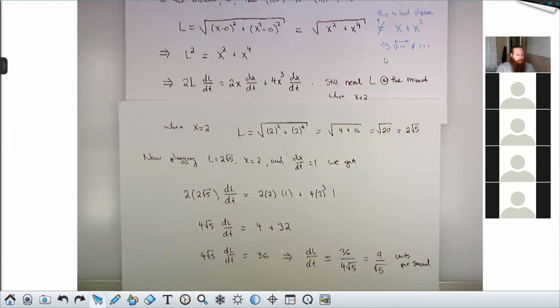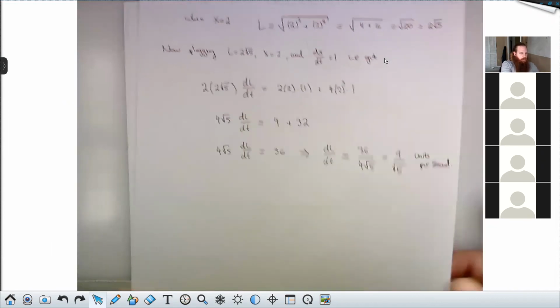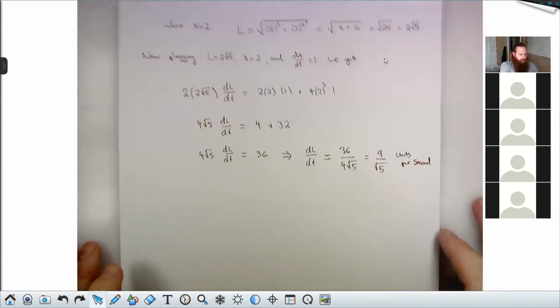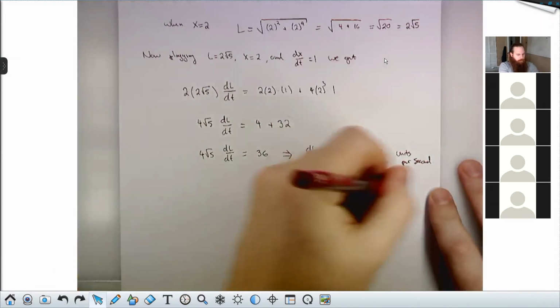Oh, I promised you a special notation for time derivatives. So if you don't like writing d whatever dt, there is a special notation for it.